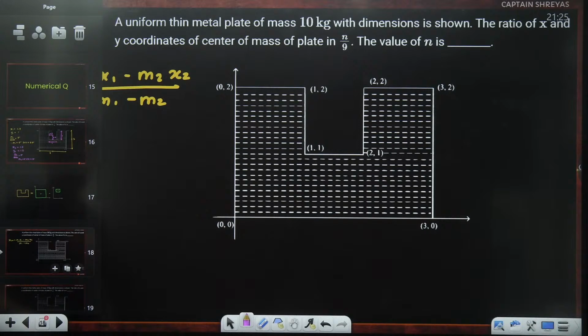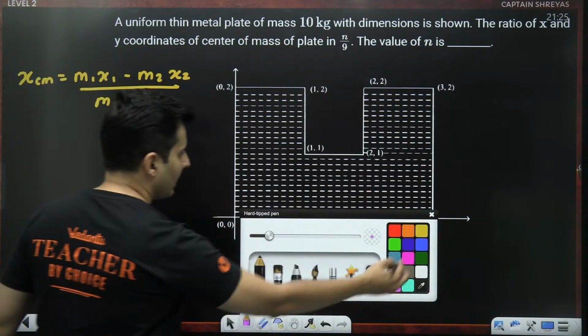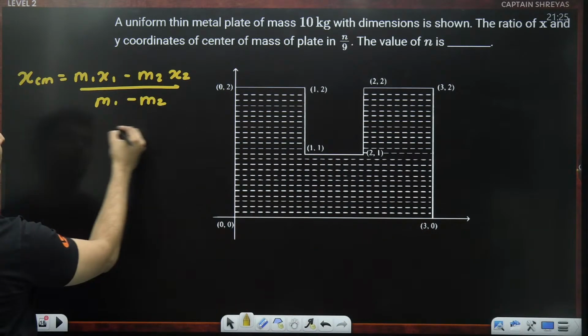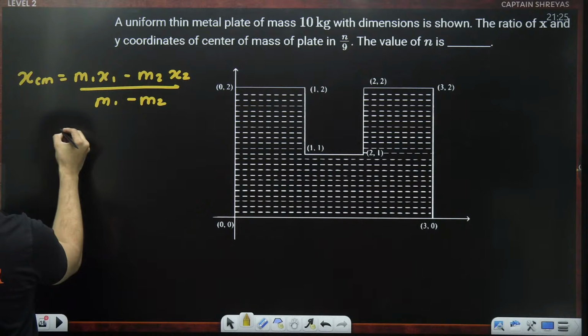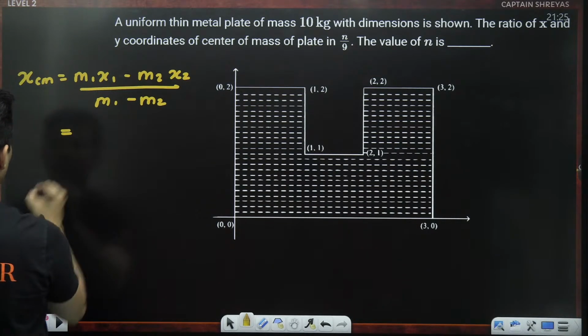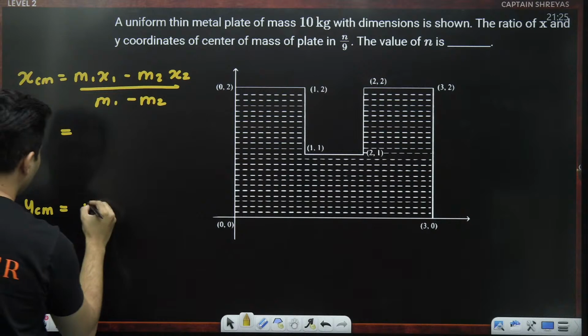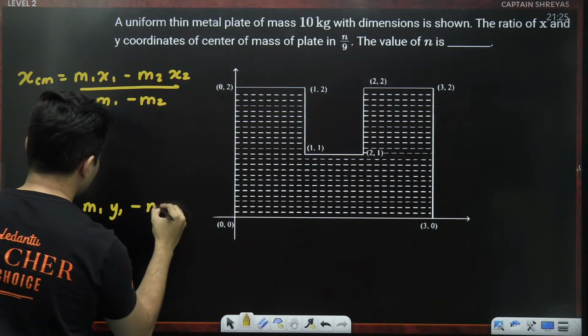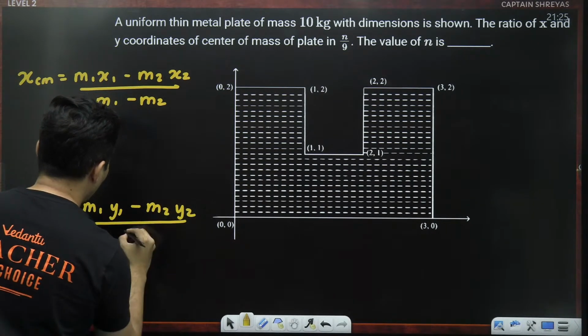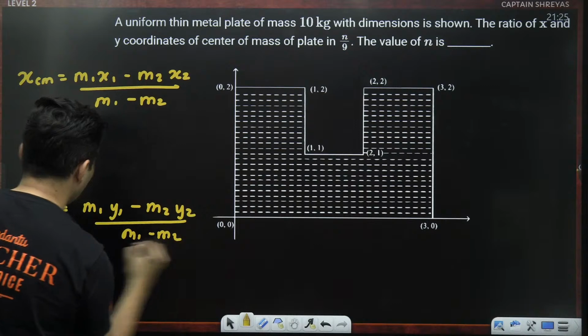So just use this formula over here and you will get the x coordinate as well as the y coordinate separately. Okay, similarly do the same thing for the y coordinate. It will be m1 y1 minus m2 y2 upon m1 minus m2.